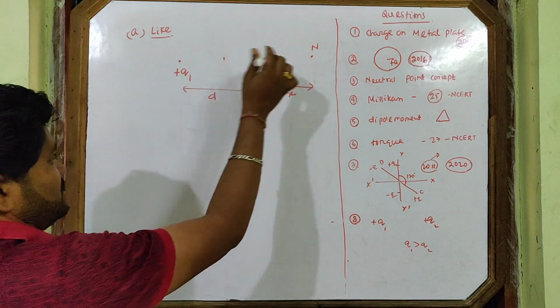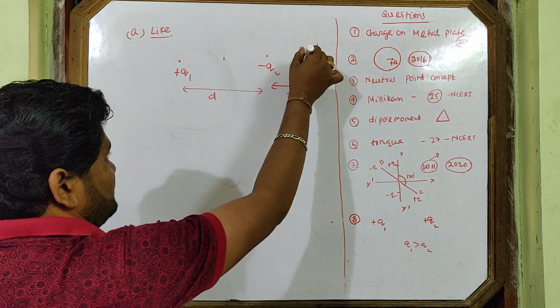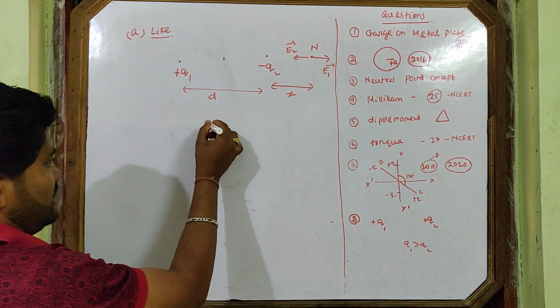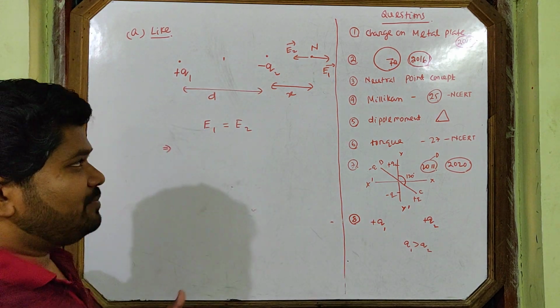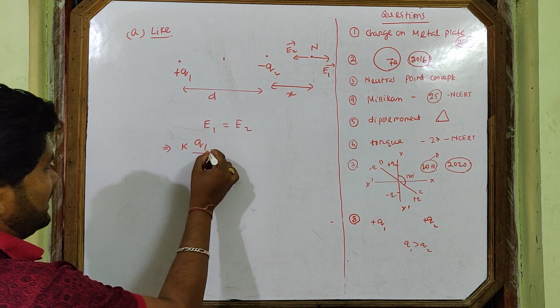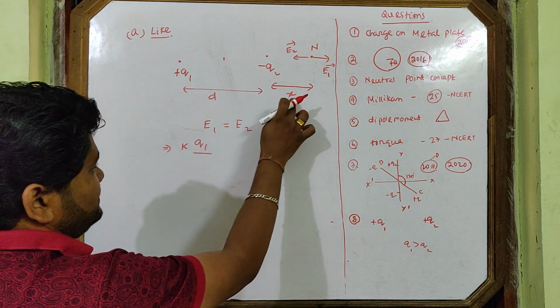So the electric field of plus Q is to this side, away, E1 vector, and minus Q towards this is E2. When E1 is equal to E2, then the neutral point comes. So for Q1 I am applying kQ by square. What is the distance? d plus x square.